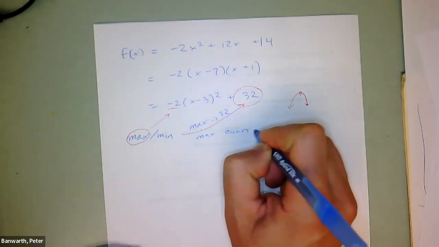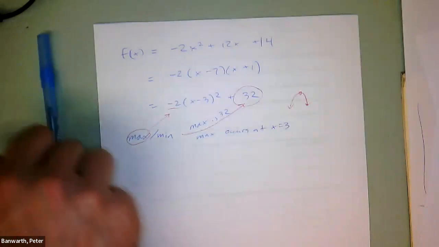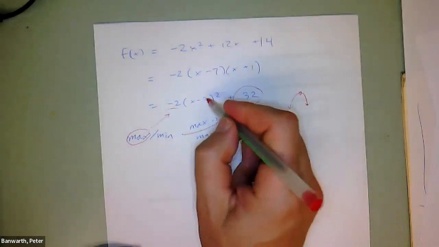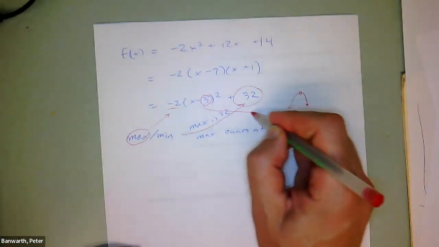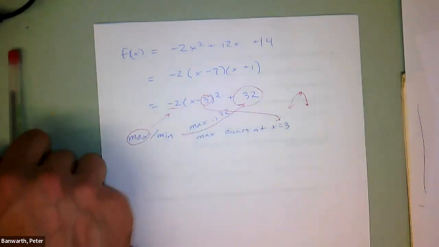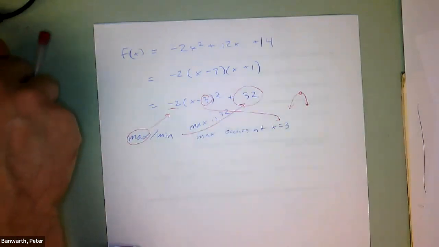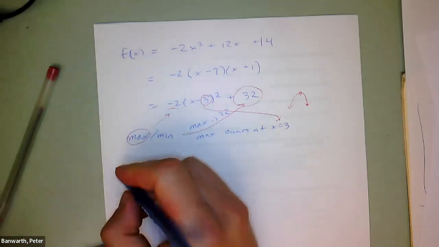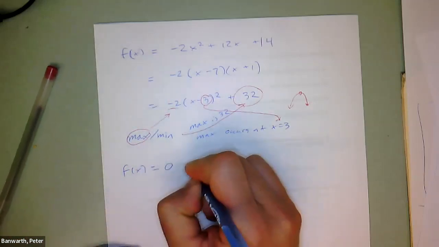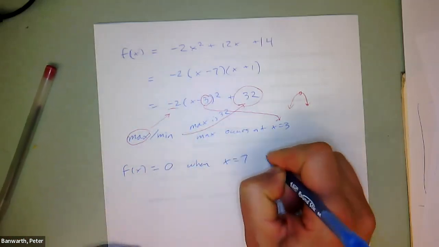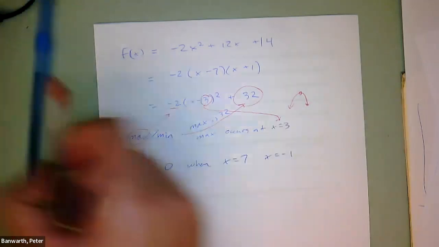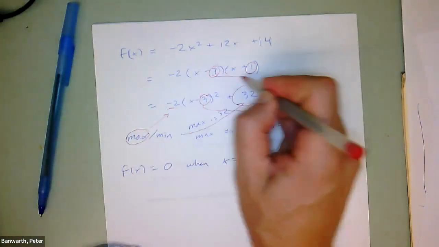Max occurs at x equals 3. We can say, when is this function 0? F of x equals 0 when x equals 7 and x equals -1. We get that from here and here.